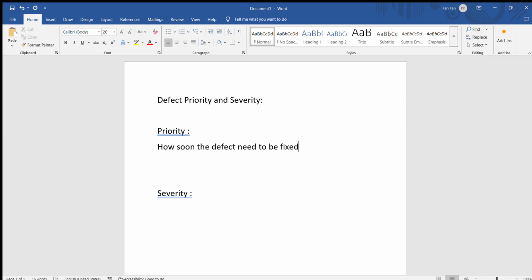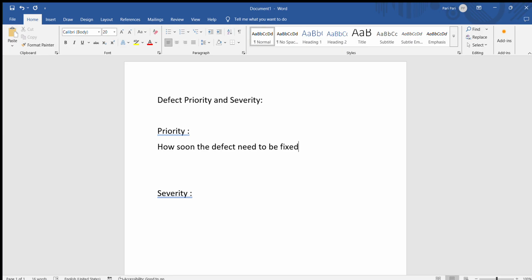Okay, so severity means the impact of the defect. That means whether the defect is blocking all the other modules or only a few modules. If it is blocking all the modules, then obviously it is a high severity defect also. So in that case, you have to mention high priority, high severity.